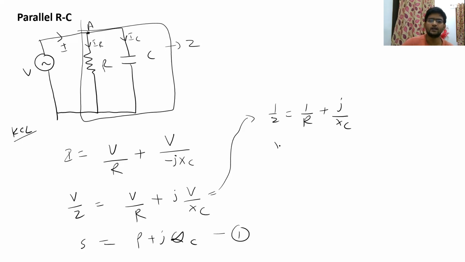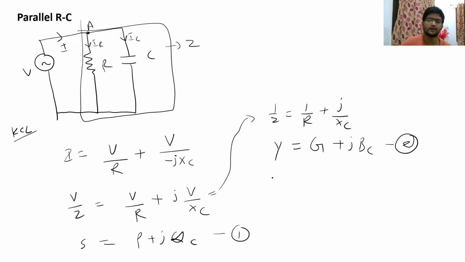We can rewrite 1 by Z as Y, which is admittance, is equal to 1 by R, which we can write as conductance, plus j times BC, which is capacitive susceptance. So this is our equation number 2.